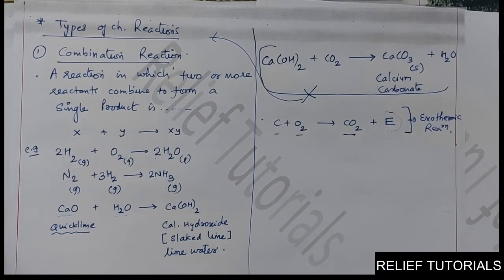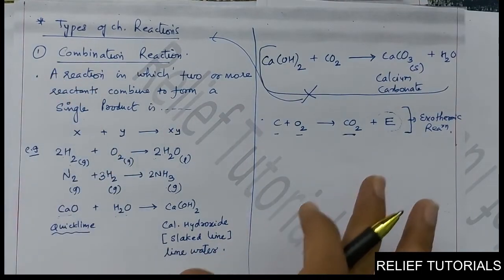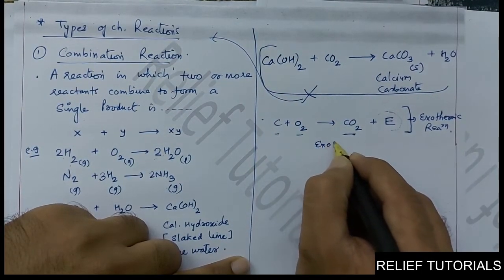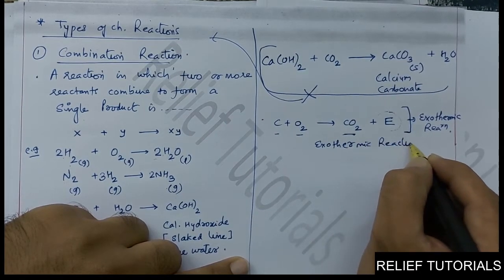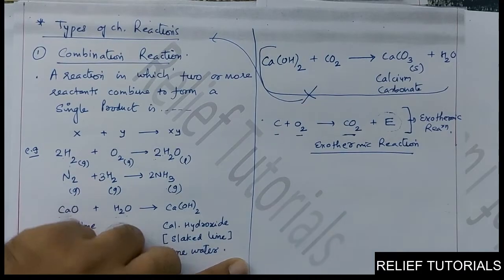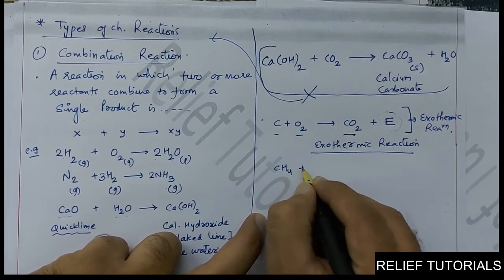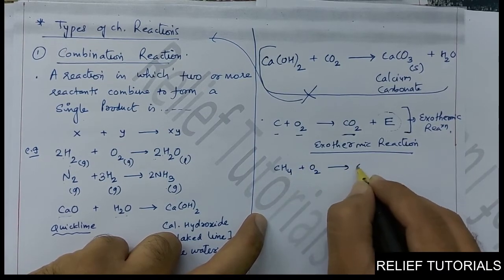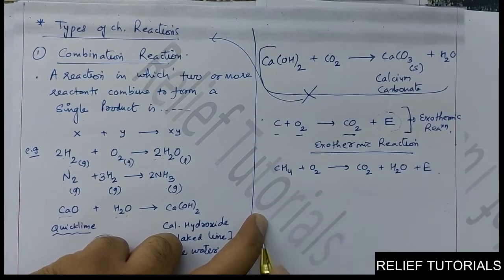Now, since the topic here is exothermic, let us see what we mean by exothermic reaction, and have some more examples of exothermic reactions, which may or may not be examples of combination. Exothermic reactions mean reactions in which energy is released. If you burn methane gas in presence of oxygen, it gives out carbon dioxide, water vapor and energy.